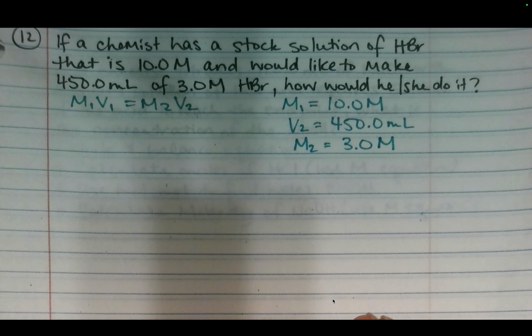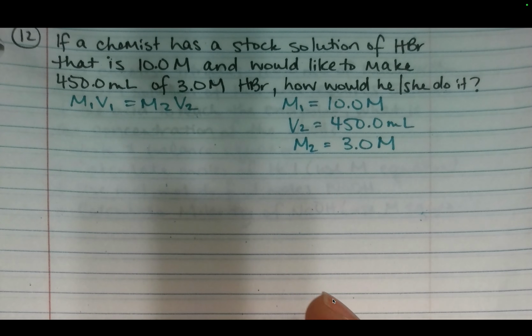In the case of this equation, my volume does not have to be in liters. If you are given two volumes, they need to be in the same unit if you're solving for molarity 1 or molarity 2. But in this case, I can solve with my volume in mL, and my other volume will just be in mL. That's okay.